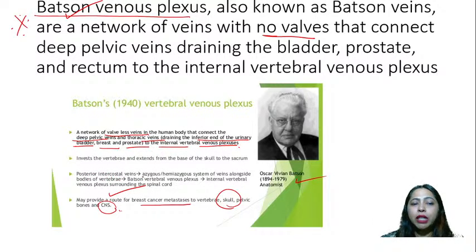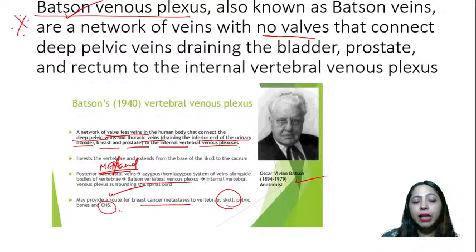There are posterior intercostal veins near the mammary gland, and this is where it has communication with intercostal vessels in the thorax. From the thorax, it passes through the azygos, hemiazygos system of veins. You know that the azygos veins are present very close to the vertebral bodies, and here they have communication with the plexus formed with the internal vertebral veins, that is Batson's vertebral venous plexus.